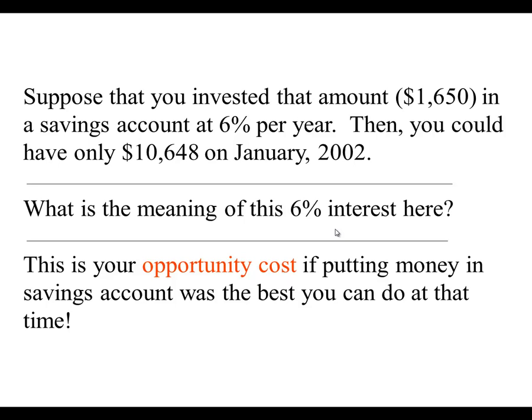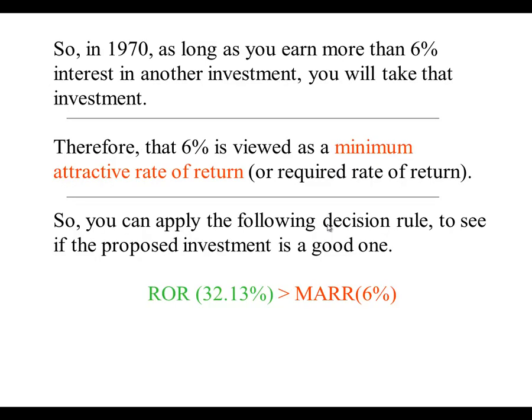So the 6% interest is called the opportunity cost, if putting money in a savings account was the best you can do at that time. If you don't have any other option, then that will be the opportunity cost, and that will be your return on investment using that savings account. The 6% can be considered as the minimum attractive rate of return.